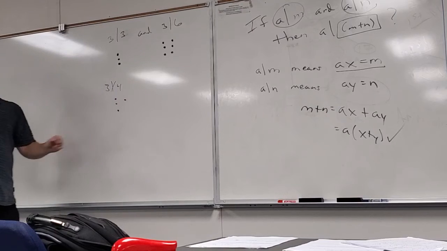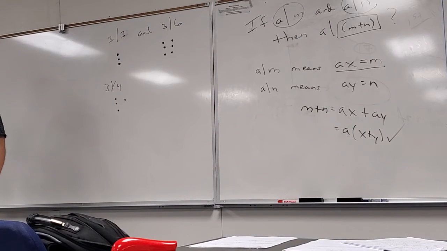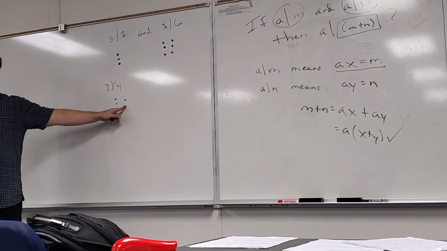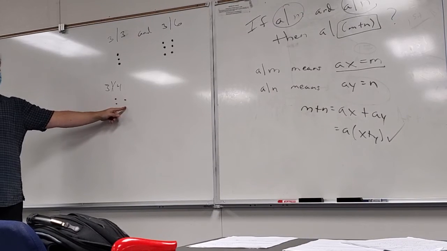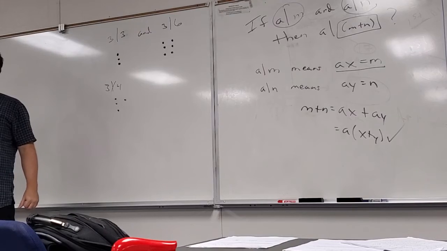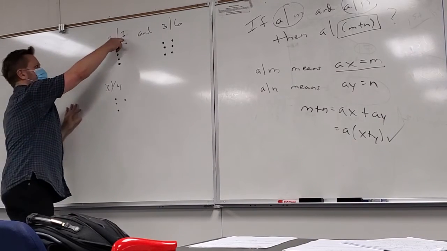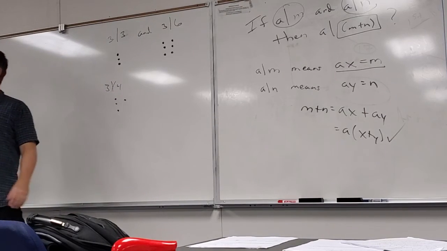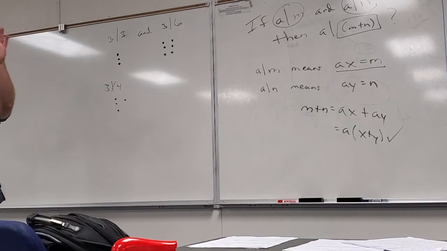Oh, that's amazing. That's creative, math people. Just put a line through the line and it means does not divide. So 3 does not divide 4 because there would be 1 extra. You can't put 4 dots into a group of 3 evenly. But I can put 3 dots in a group of 3. I can put 6 dots in a group of 3, 2 groups of 3. So that's why 3 divides 6. See, this is all groundbreaking.